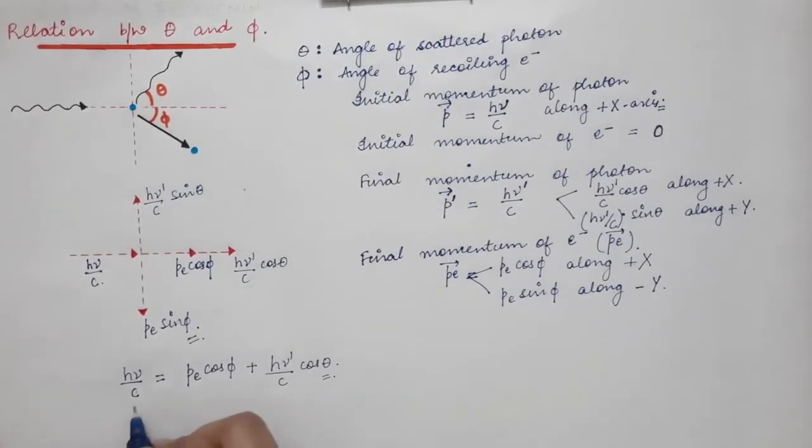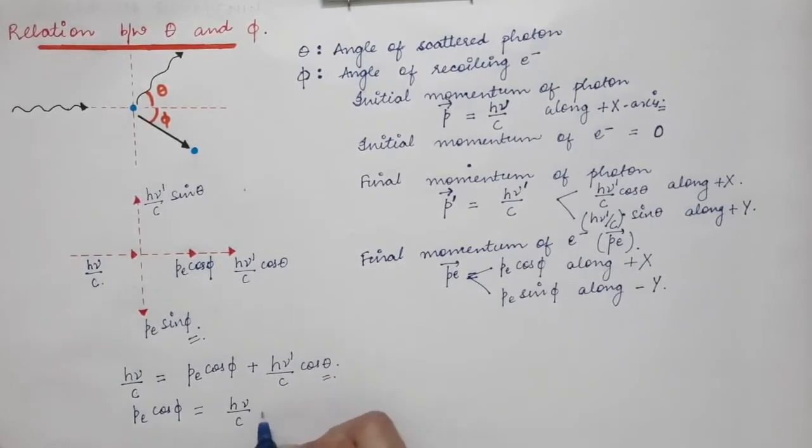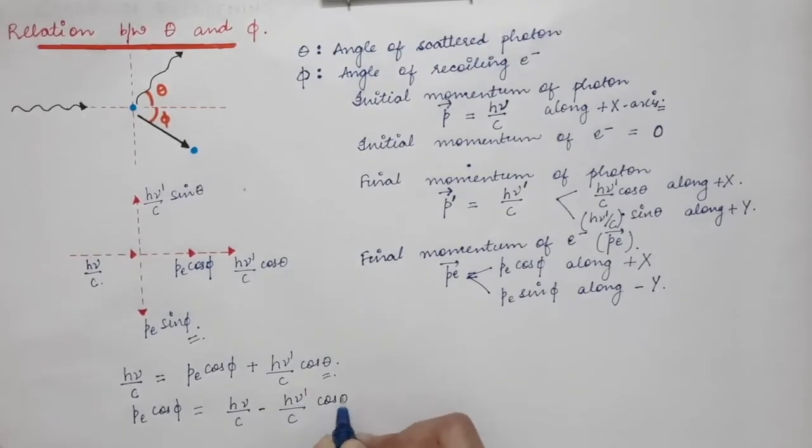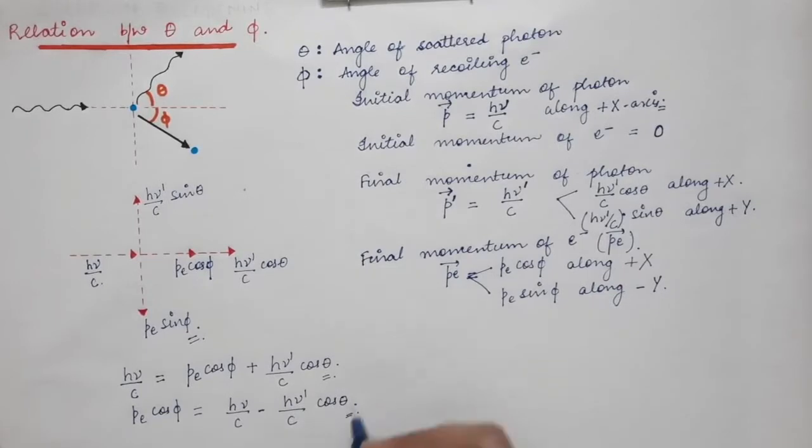And from here we are going to take Pe cos phi on one side. So this will be h nu by c minus h nu prime by c cos of theta. So this is our first equation.